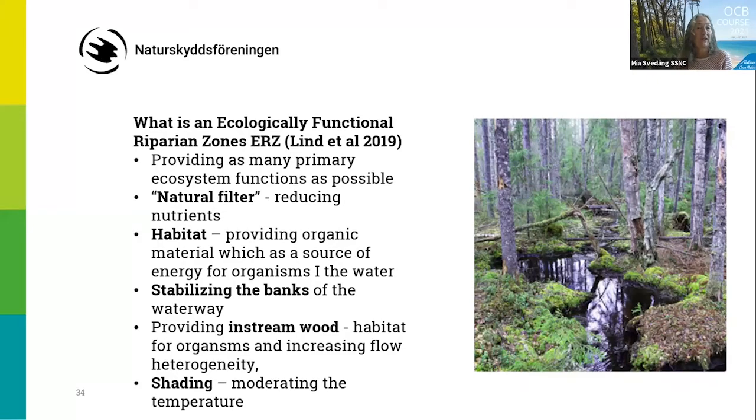So both a natural filter, reducing nutrients, also providing habitat and providing organic material as a source of energy for organisms in the water, and also stabilizing the banks of the waterway and providing in-stream wood, which serves as habitat for organisms and increasing flow heterogeneity, and also shading. So if you make an ecological functional riparian zone, then you try to have all these functions in one area.